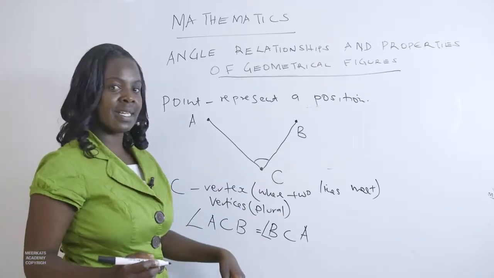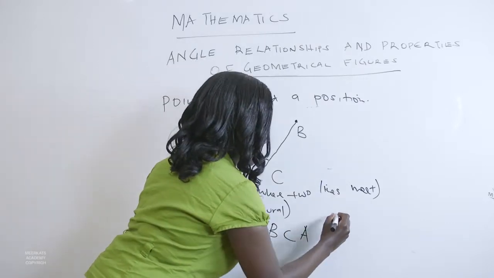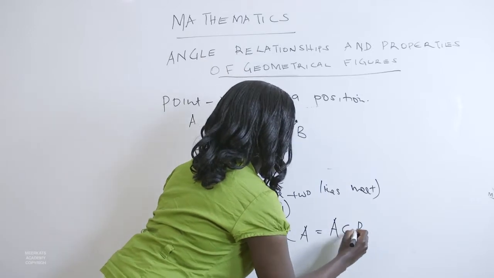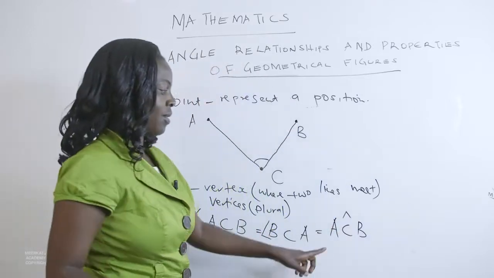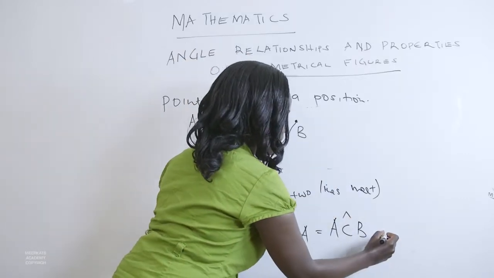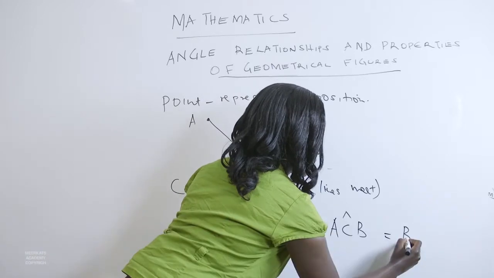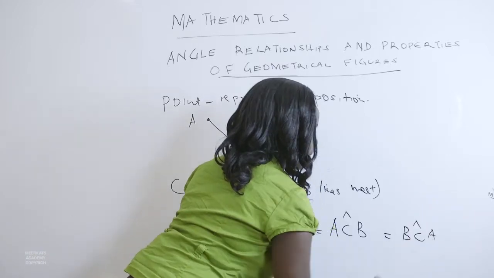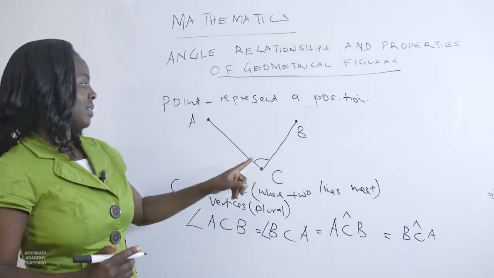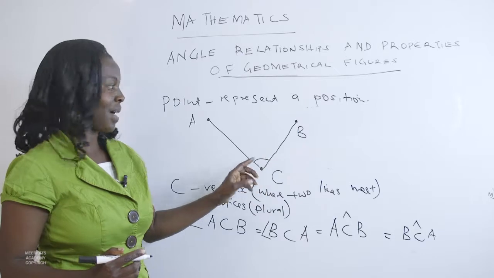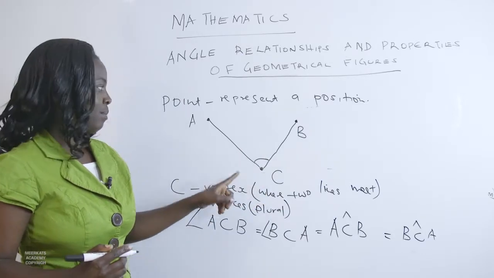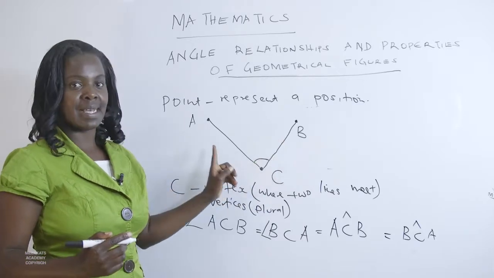Or it can also be denoted as angle ACB, written this way. Or if we start from the other side, that also reads angle BCA. So we mean this angle here, the angle at the vertex C between the two line segments.